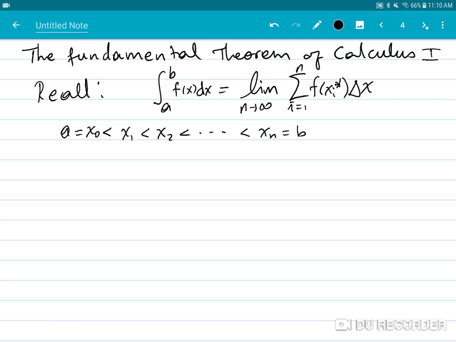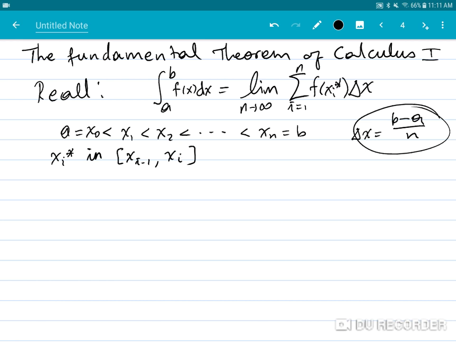In many calculus 1 classes, we take delta x to be of equal size, b minus a over n. So there will be n subintervals of equal size, and then we pick xi star from the ith interval.